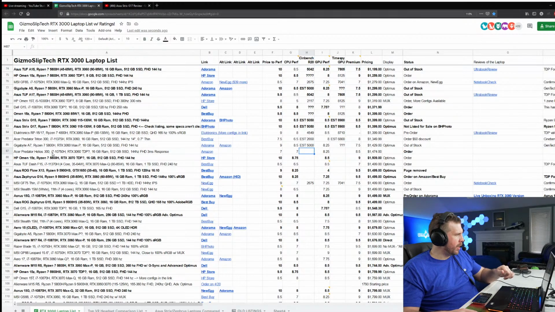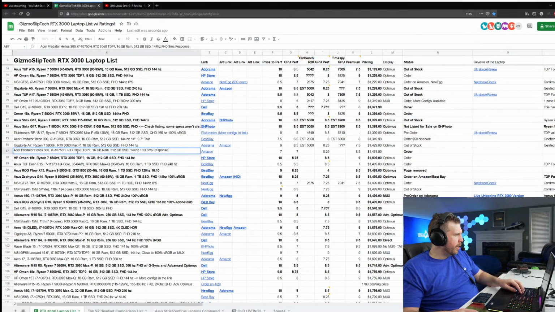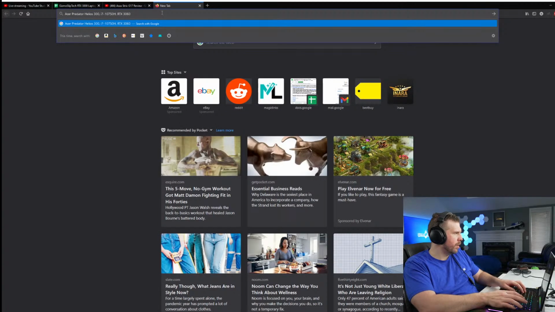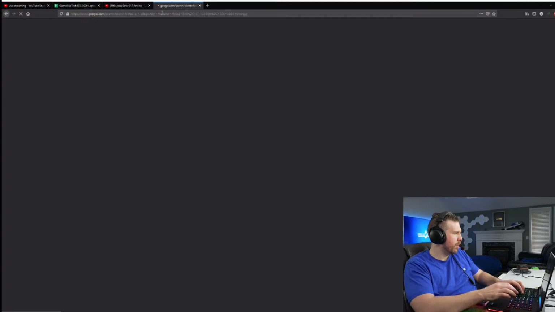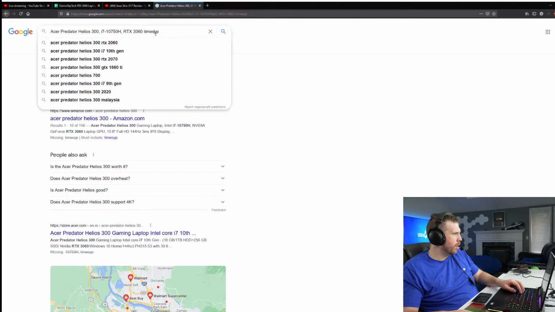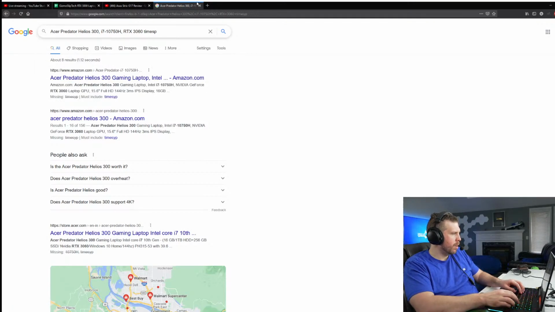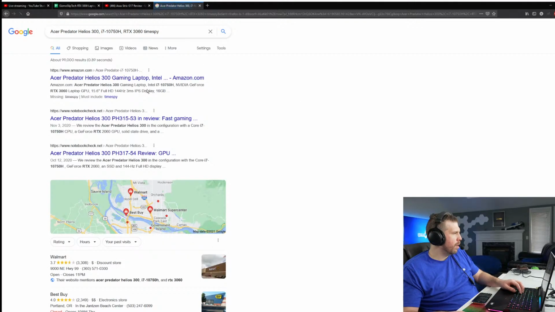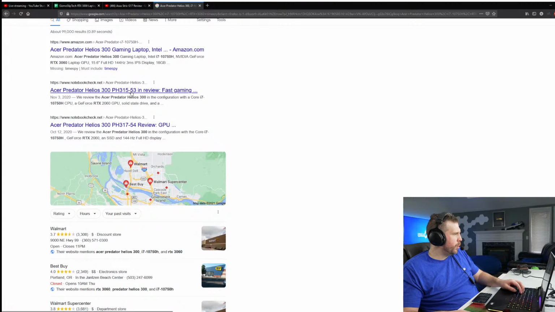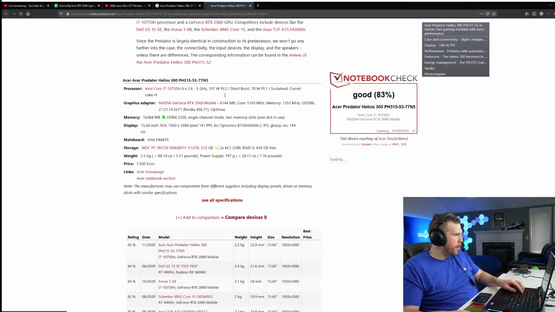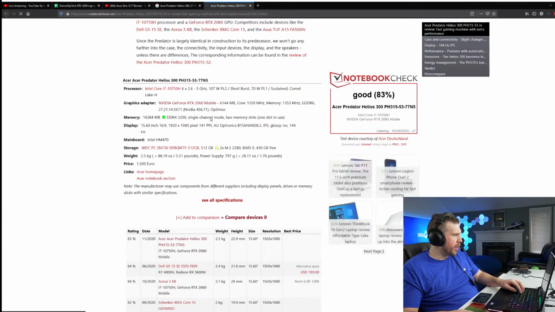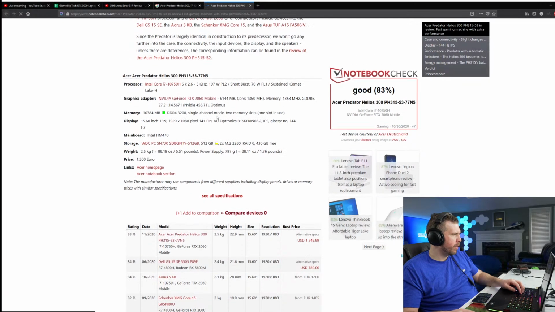Okay, Acer Predator Helios 300, 3060. So this is the 2060, but if it has the same processor, then that should be pretty representative of the CPU performance, because that's not going to change.